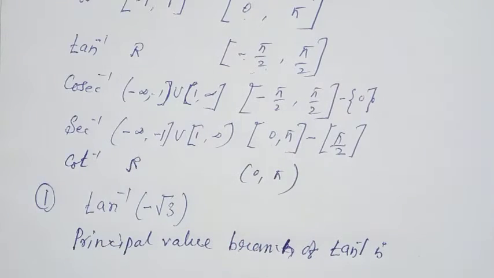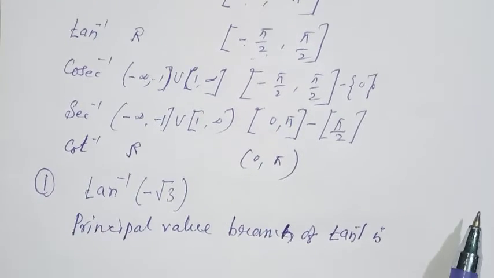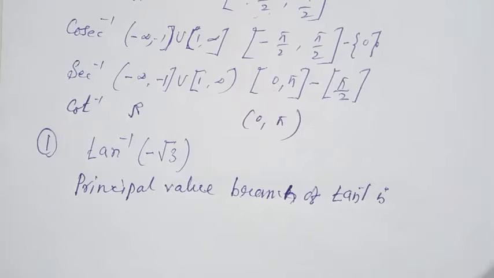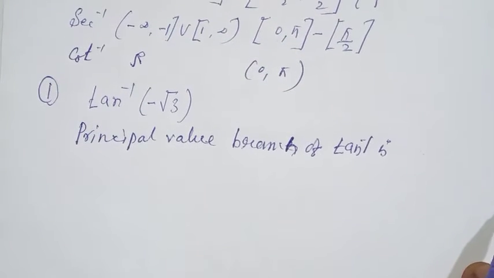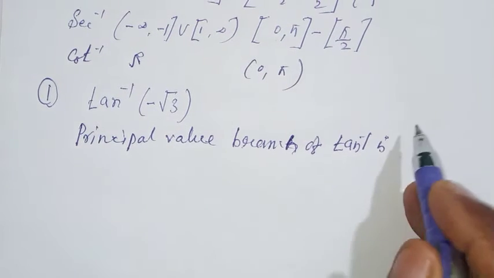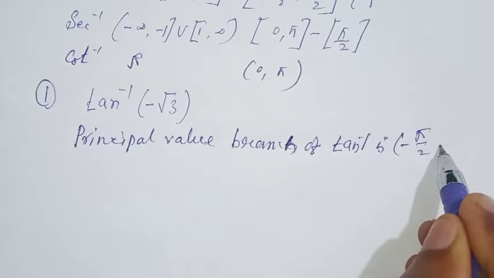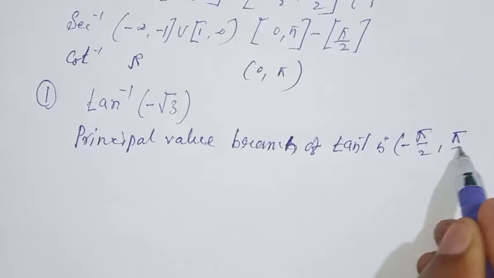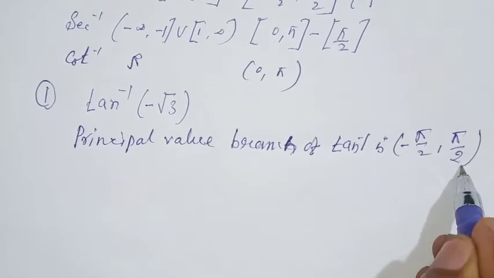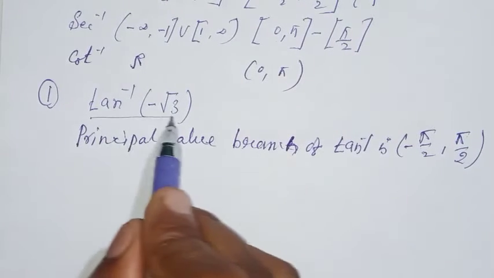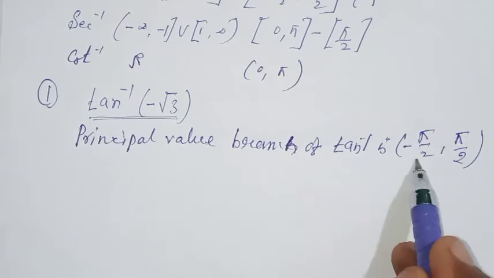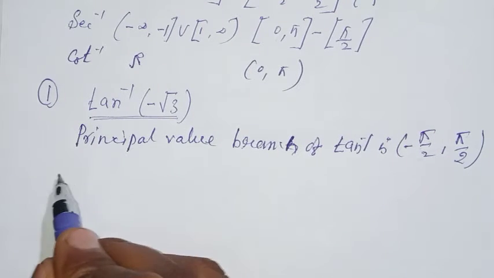So we have to write here that this is between minus pi by 2 to pi by 2, meaning this value must come between these two.